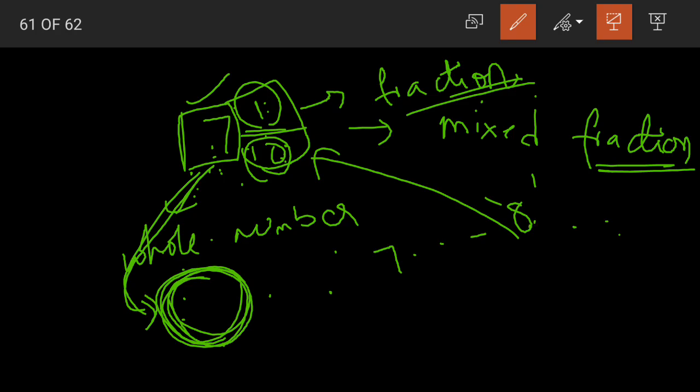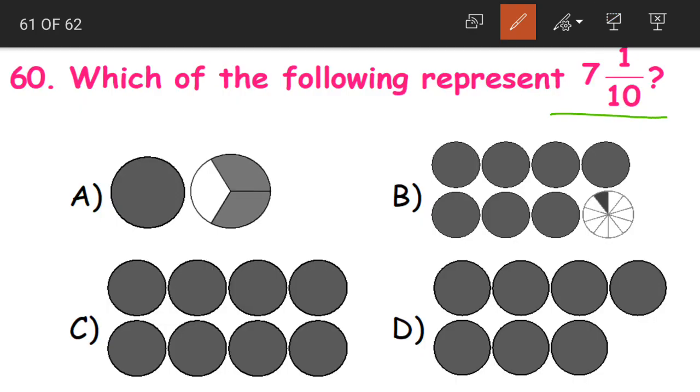This 8th one is not a whole. It is divided into how many parts? The denominator is 10, so it is divided into 10 parts, and the numerator is 1, which means only one part is shaded. Understood how to break down this mixed fraction? We have 7 completely shaded wholes, and the 8th one is divided into 10 parts, out of which one is shaded.